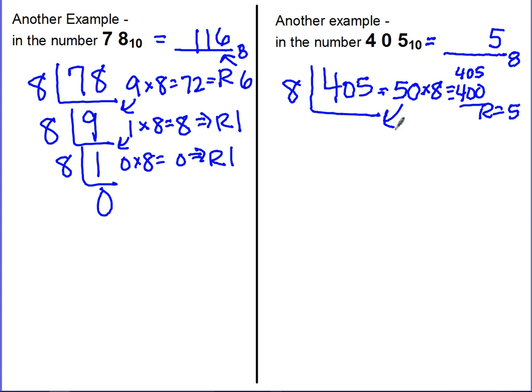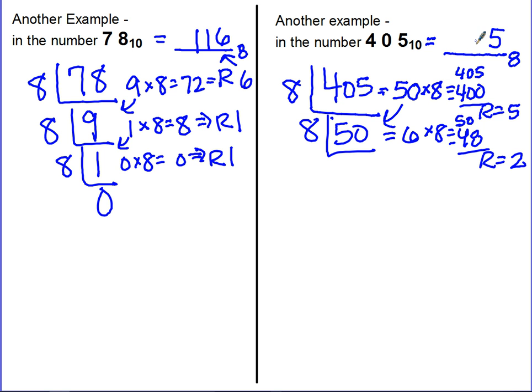Take my 50, I'm going to drop that down. 8 goes into 50. I know that 6 times 8 is going to give me 48. 50 minus 48 gives me a remainder of 2. I take my 6, I drop that down. 8 can't go into 6, so I'm going to have 0 left over.